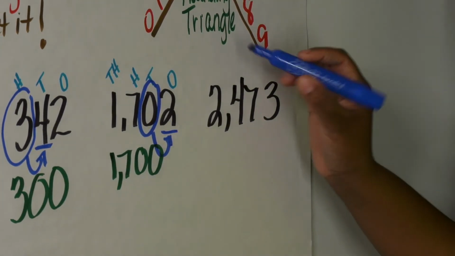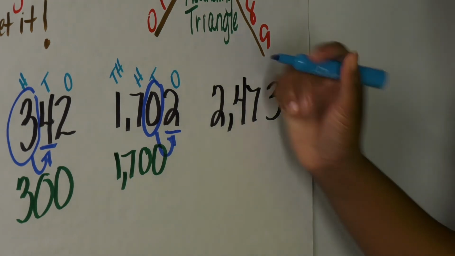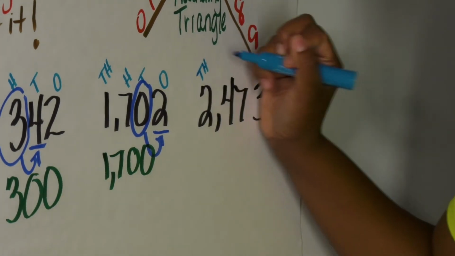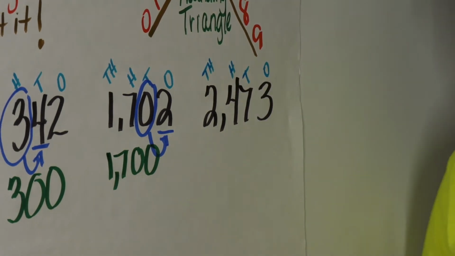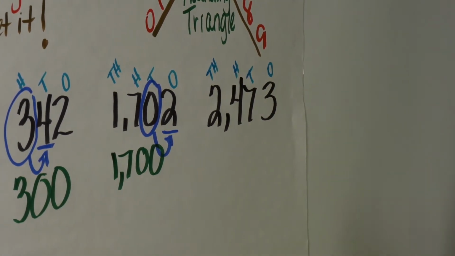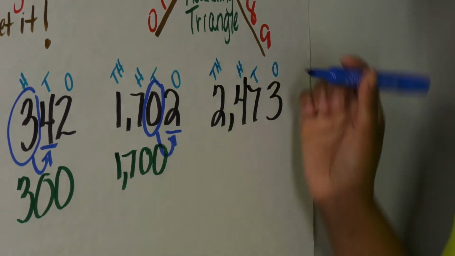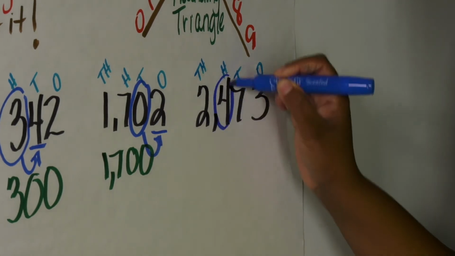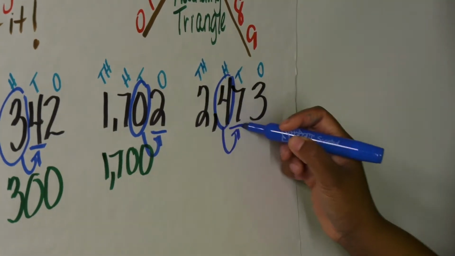Let's round to the nearest hundreds. I suggest you label your place values first. We have thousands, TH, hundreds, H, tens, T, and ones, I put an O. So if I'm rounding to the nearest hundreds, that means I want to circle that place value. Circle the digit in the hundreds place value. Move to the right. Underline.